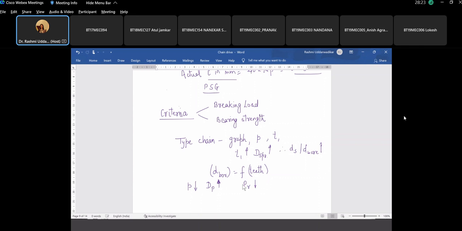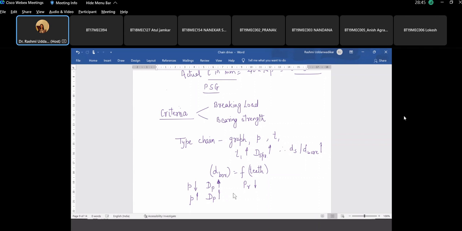We have seen that this is ultimately depending upon the pitch, and from the Shivalka data book we have seen that the power transmission capacity is proportional to square of the pitch. But if you increase the value of pitch, just because you want to increase the value of PR, the value of pitch diameter of sprocket, this also increases.